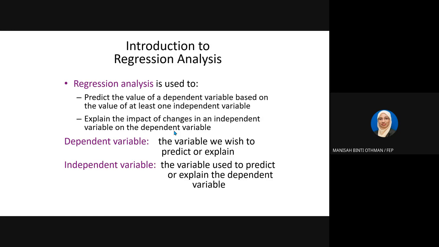Let's say we want to predict the average based on the time spent to study. The dependent variable is the average, the student's grade, because the average grade depends on the time they spend to study. So the independent variable is the time spent to study, because you want to use this variable to predict the student's grade. You have to clearly understand which one is dependent and which one is independent.